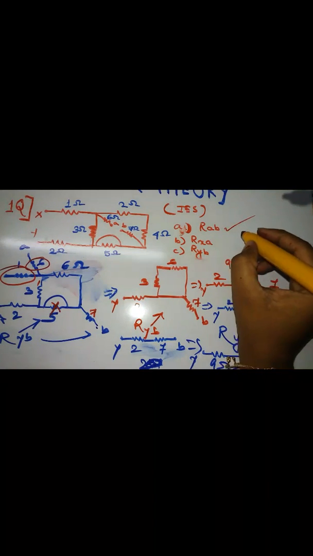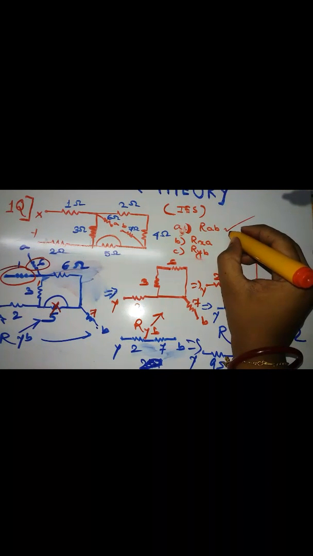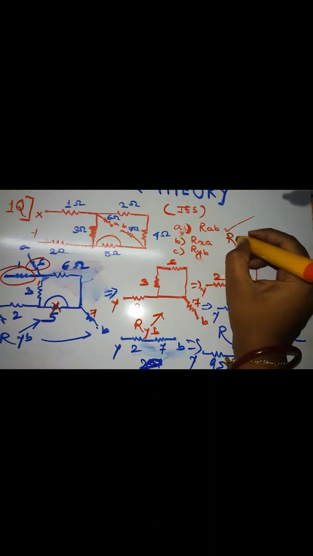I think it's clear. Now if you want, you can also solve for some other one. You can try solving for, let's suppose, RXY. Try to find out RXY now. I will give the answer of it.